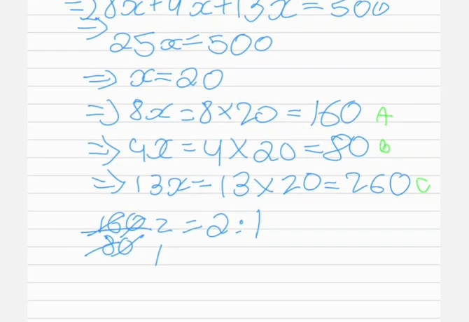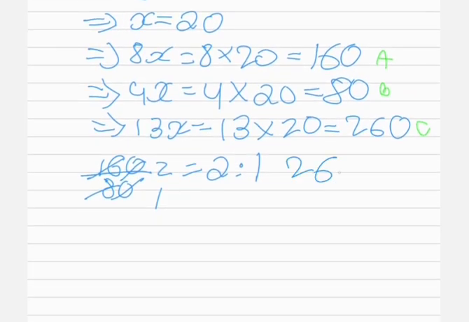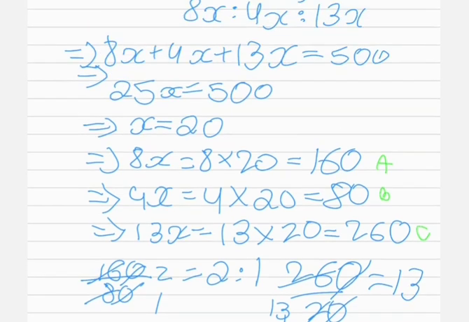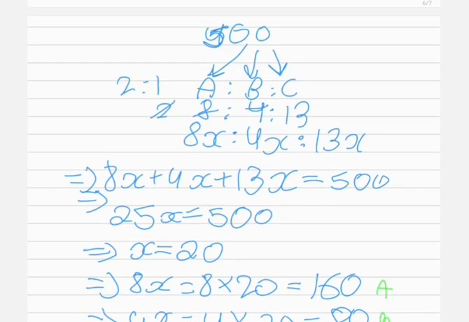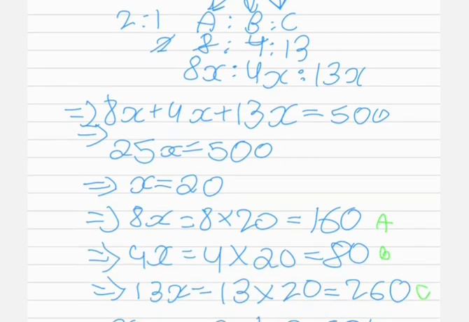And 260 and 13 have a common factor of 20, so we divide by the common factor 20, and the ratio is 13. So you can see 2 is to 1 is to 13, which is equal to 8 is to 4 is to 13.